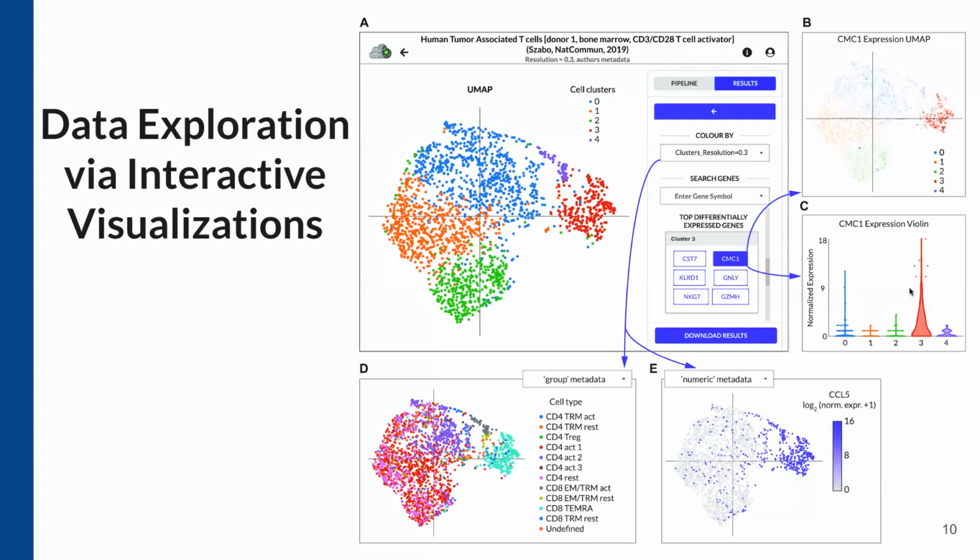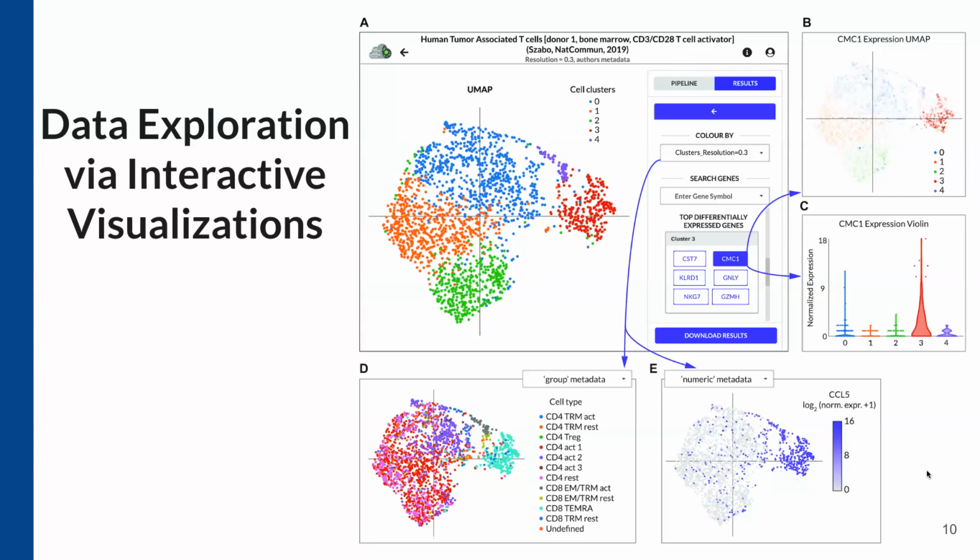Another really important thing that Crescent brings is interactive gene expression exploration. So you can see this little B and C at the top here. We're looking at this very specific gene CMC1, and you can see that most likely it's relevant to this cluster 3. If CMC1 was representative of a very specific gene, or maybe an unknown cancer type or cell, then it would be interesting to see that only this cluster expresses CMC1, right?